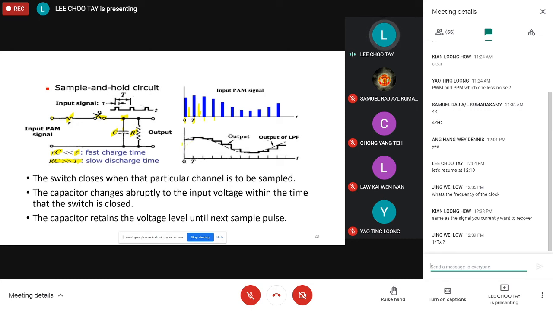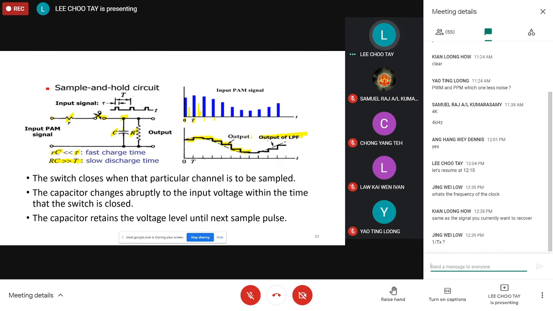So the output again will be a staircase, right? Because we sample and hold, the output will be a staircase like this. And then if you were to pass this staircase signal through a low pass filter, the low pass filter, of course, will block the high frequency component, right?